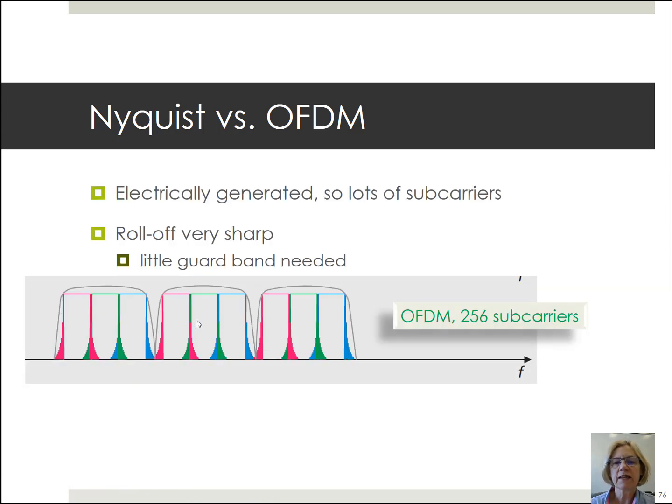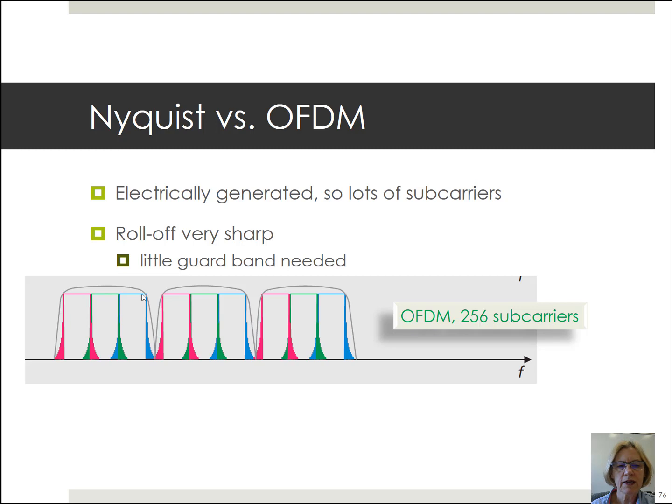Now let's look at the electrically generated OFDM. In this illustration, we have 256 subcarriers, and we can see a very, very sharp roll-off. And the side lobes are very low, causing some crosstalk perhaps, but we can pretty much have very small guard bands.